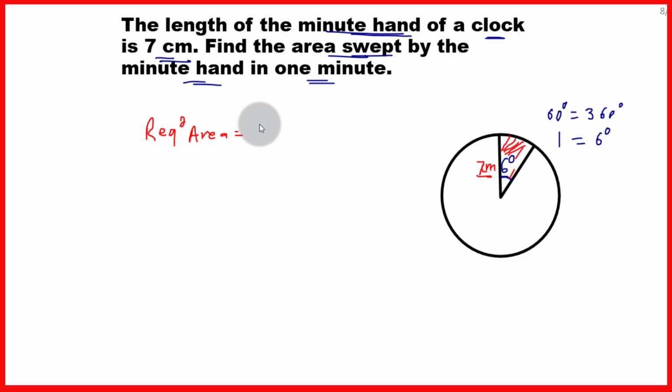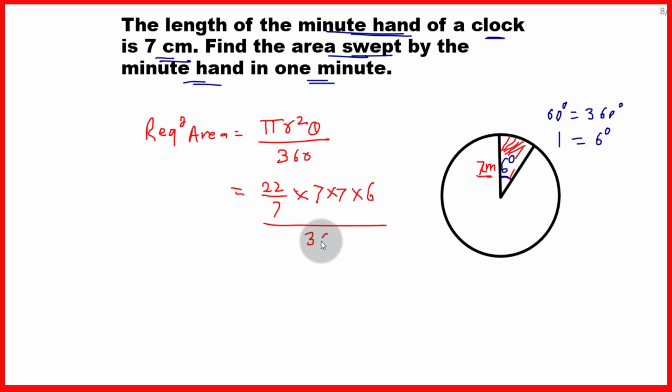is equal to pi r square theta by 360 degrees. So which is equal to pi is 22 by 7 into r square, r is 7 centimeter, so it will be 7 into 7 multiplied by theta, 6 upon 360 degrees. So this 7 and 7 will get cancelled. 6 1s are 6, 6 6s are 36.